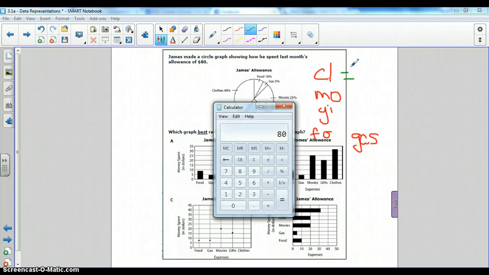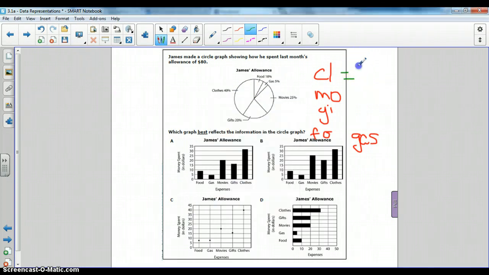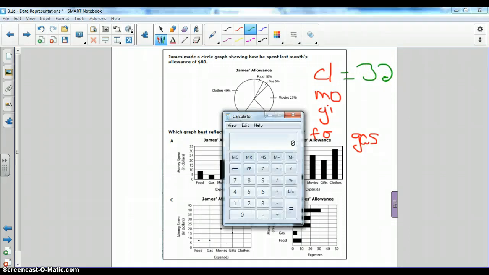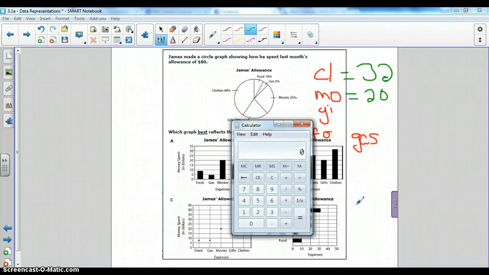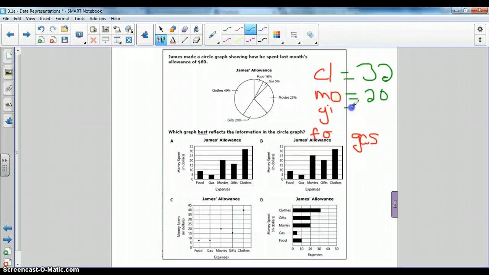So if we do 80 times 0.4, 40%, he spent about $32 on clothes. On movies, he spent 20. On gifts, he spent 16.